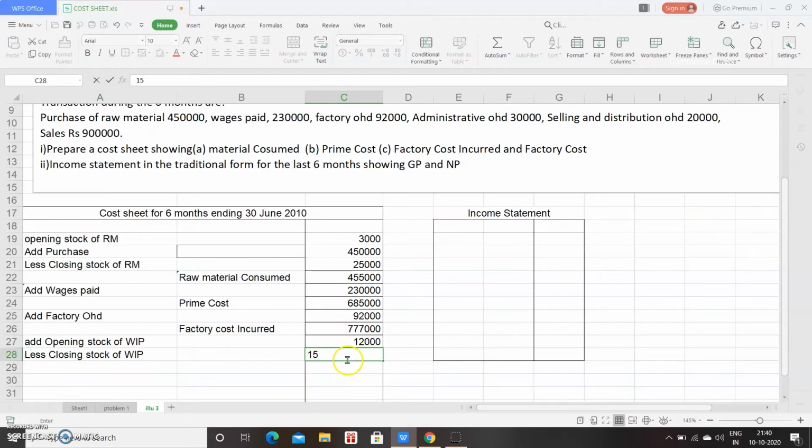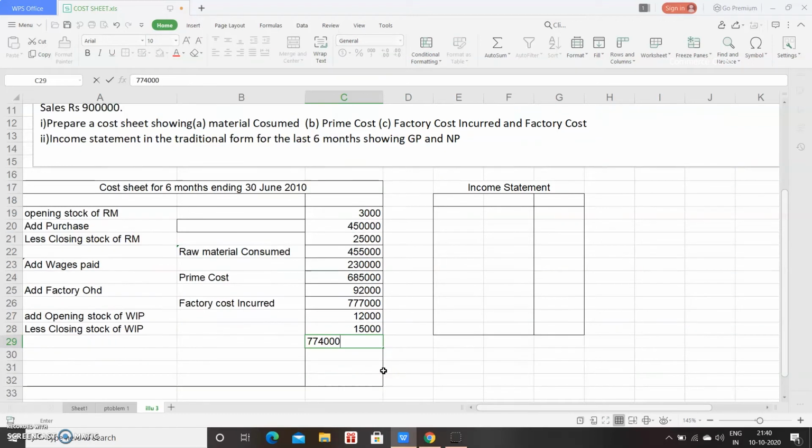If we add and minus these two things from your factory cost incurred, you will get your factory cost, which is 7,74,000.